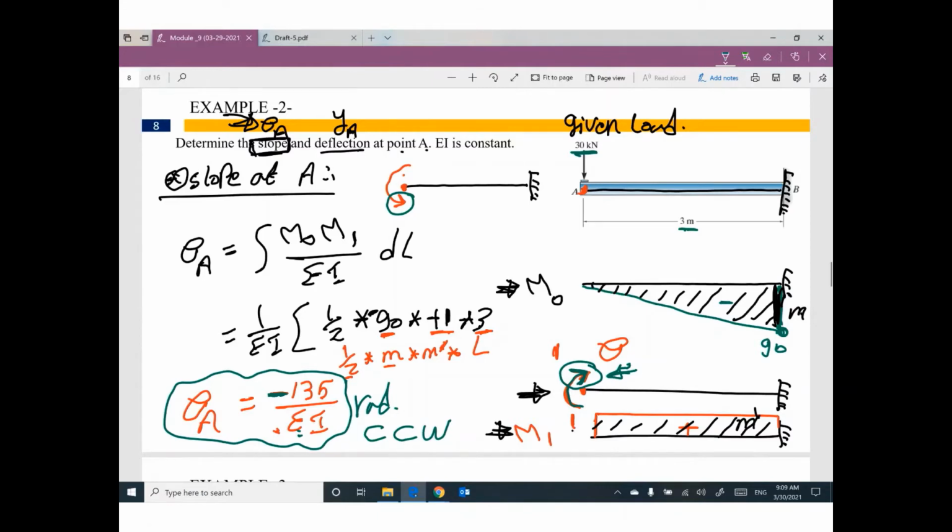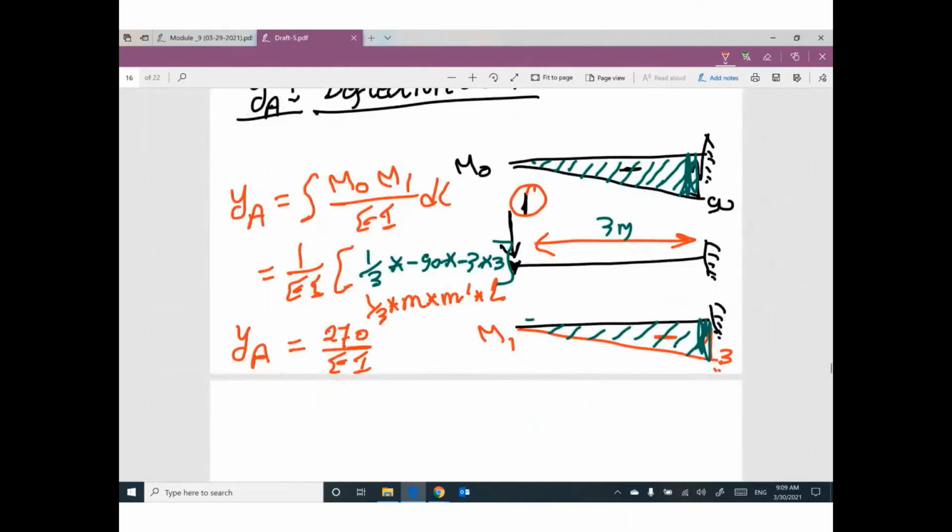One more time. What is the meaning of deflection at A equal to positive 270 divided by EI? Positive does not mean up or down, does not mean above or below.